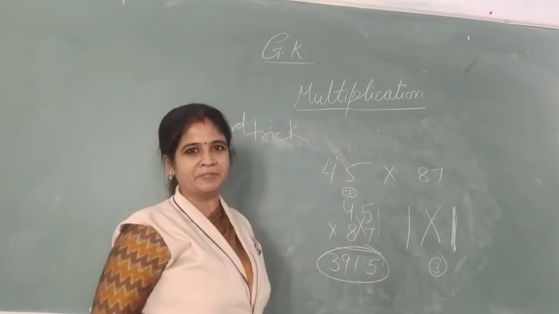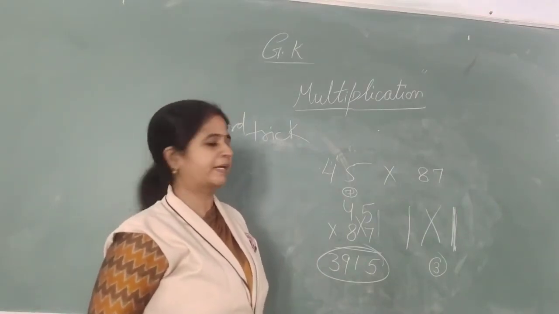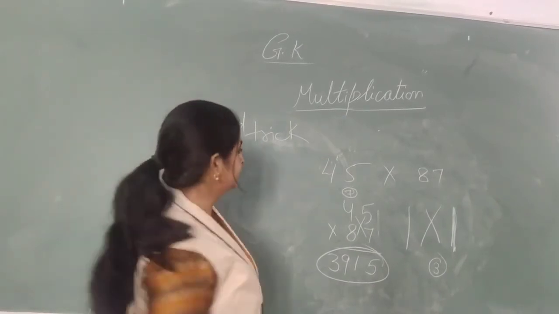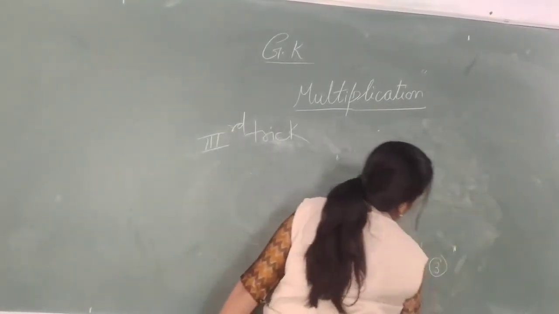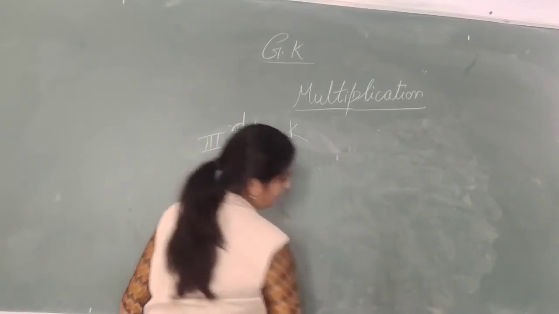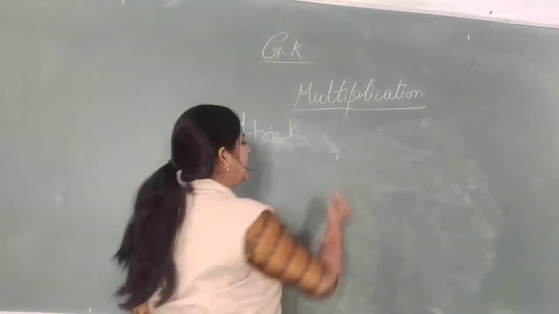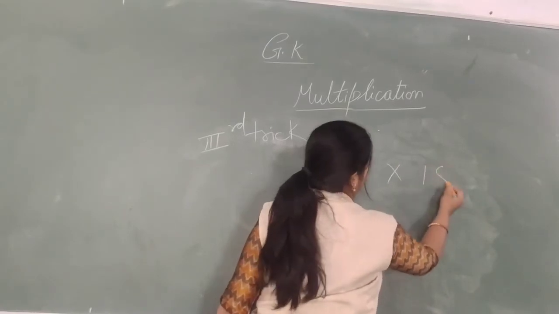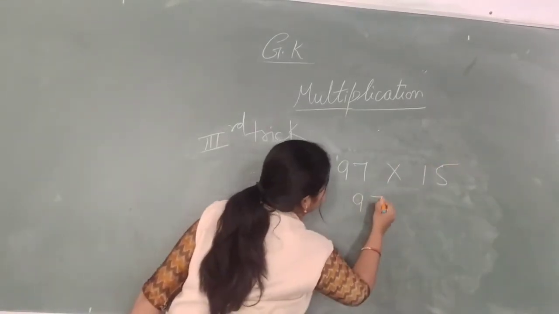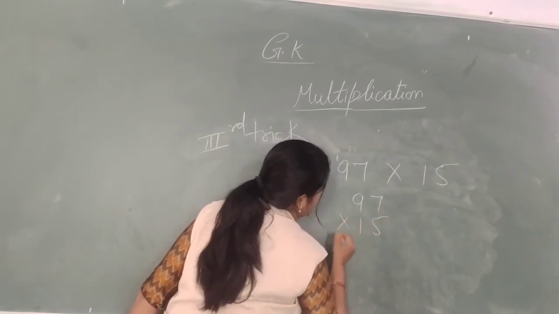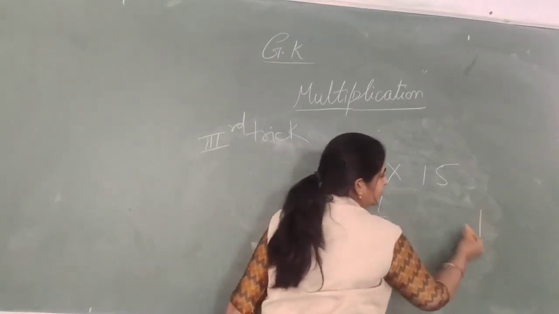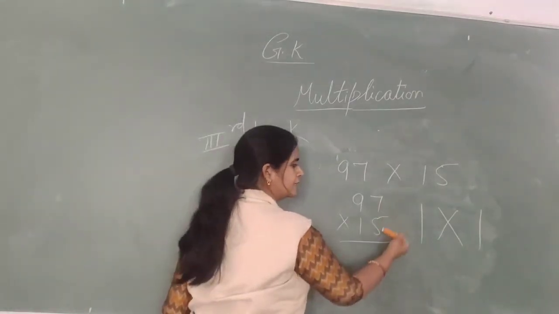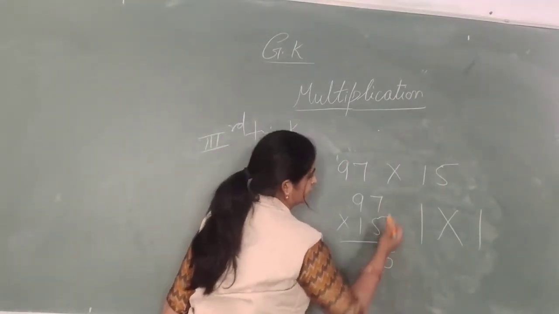It is a little bit typical. You need more practice for it. Let's take one more example to understand. 97 multiplied by 15. I have told you, you have to remember that pattern for multiplying. 7 5s are 35, 5, 3 carry.